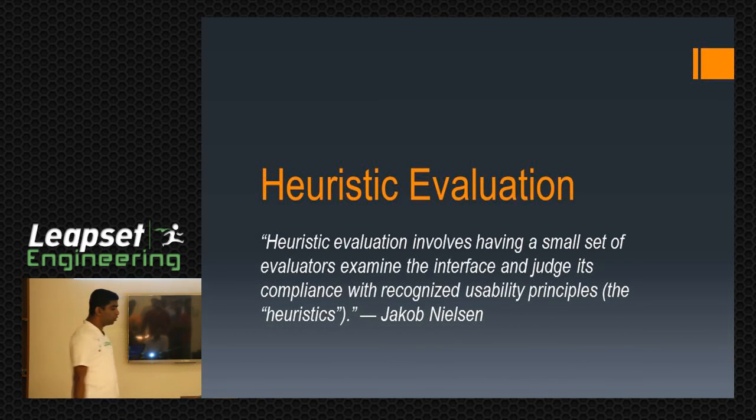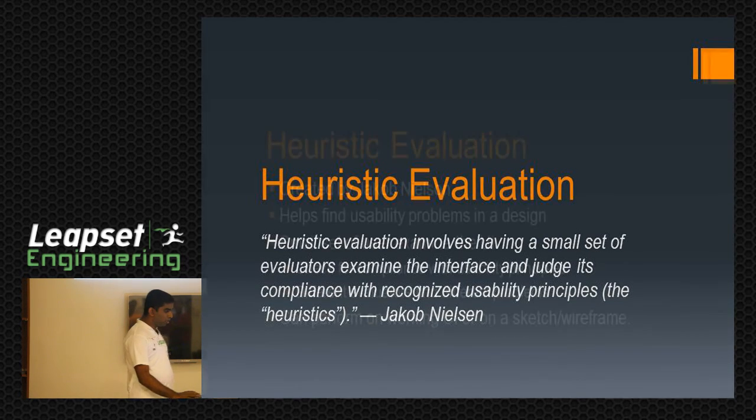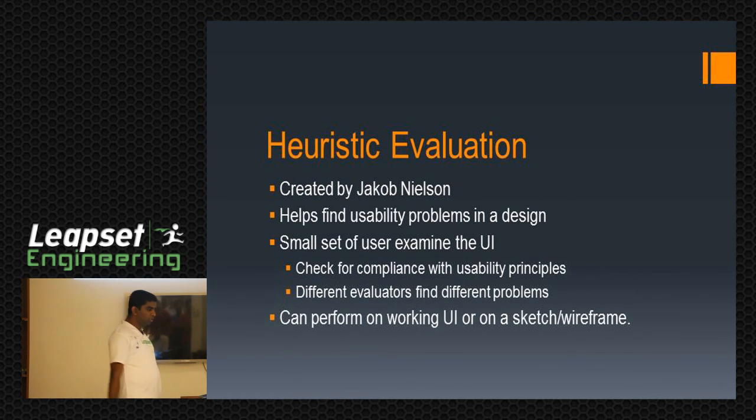So how do you conduct the heuristic evaluation to determine whether your software is usable or how you can improve it? As I said, this concept was coined by Jakob Nielsen. It helps to find usability problems in your software design, and this is how you perform it.